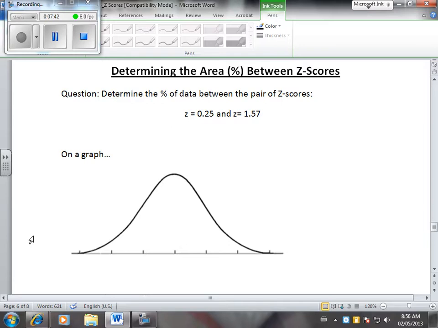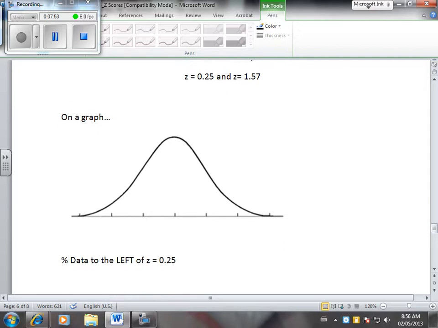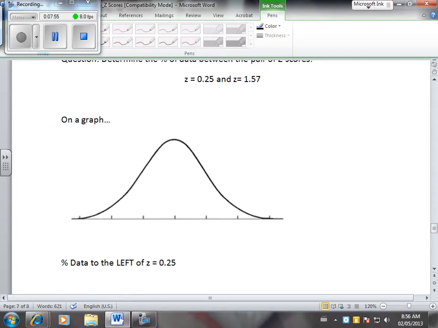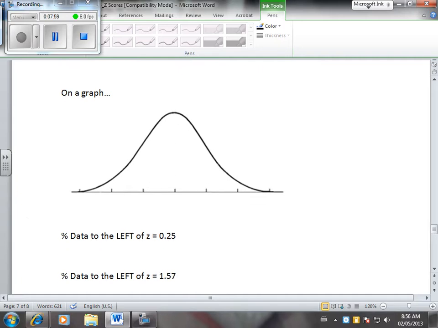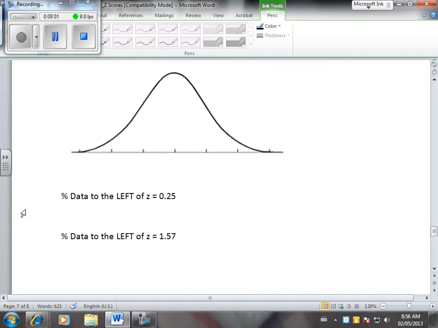Now we want to look at, if we have two z-scores, what the area between them is. Okay, so maybe everyone who falls between one test score and another test score, or something like that. So if we look at our two z-scores, z is 0.25 and z is 1.57.